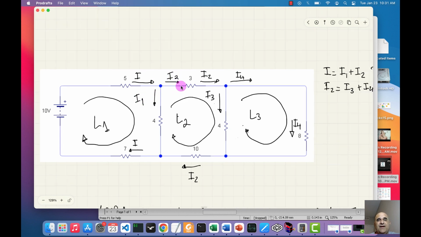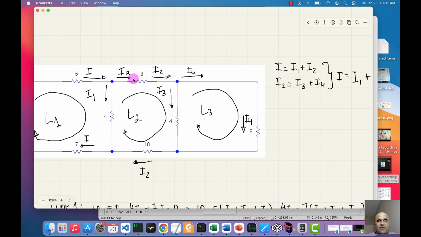Okay, so this I2 crossing this register will split into 2 more currents, I4 and I3. After crossing this, we have the I2 here. Here we have I, and here I4, and so on.